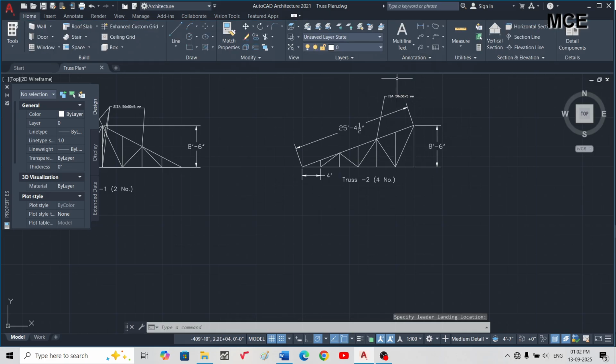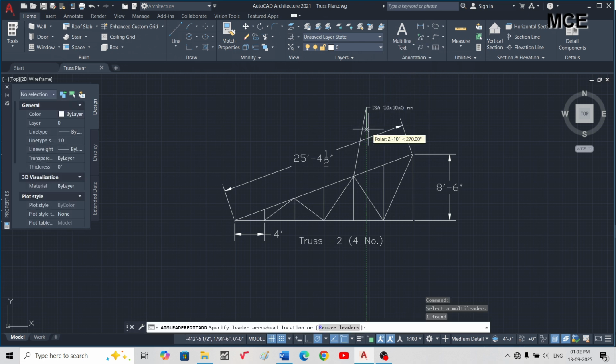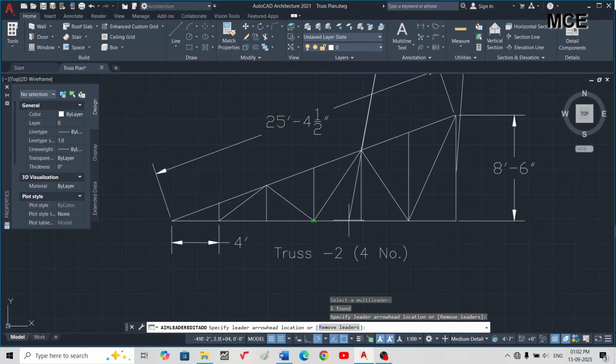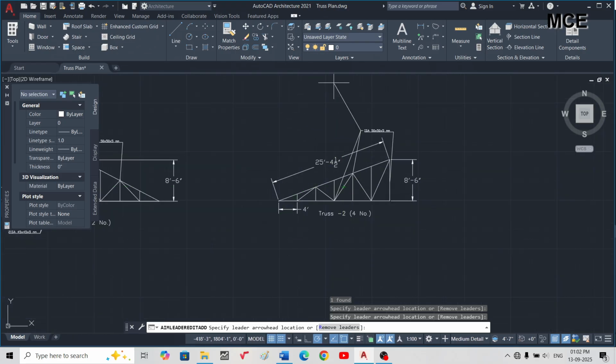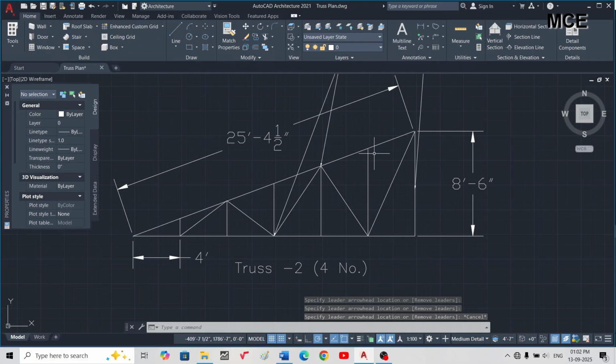That is the rafter, king post and this bottom chord member. So these three are ISA 50 into 50 into 5 mm.